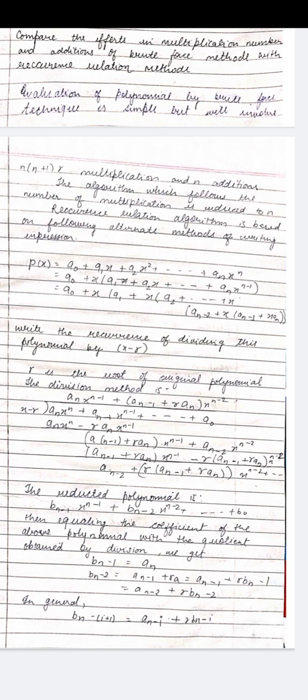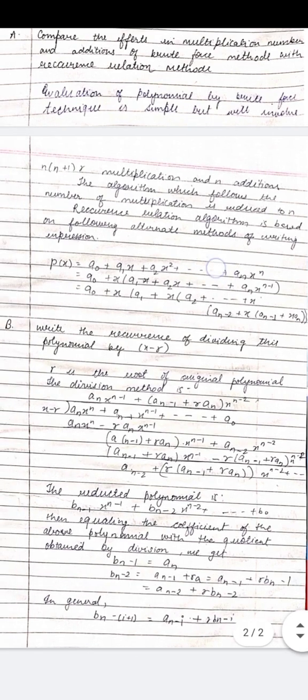P of x is equal to a0 plus a1x plus a2x square plus ... plus an x to the power n, which is a0 plus x into (a1 plus a2x plus ... plus an x to the power n minus 1), and finally a0 plus x into (a1 plus x into (a2 plus ... x into (an minus 2 plus x (an minus 1 plus x an))).